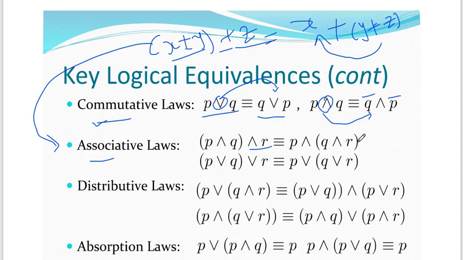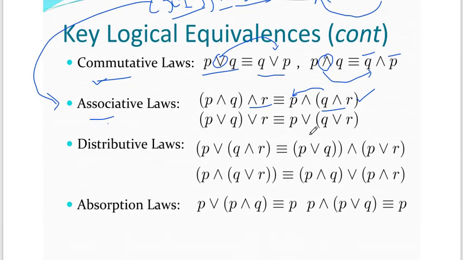Also you can first carry out the operation on q and r, then after that with the help of p, same as in the mathematical function like this, okay. Also if both are or, then this will also apply, logically equivalent, okay.